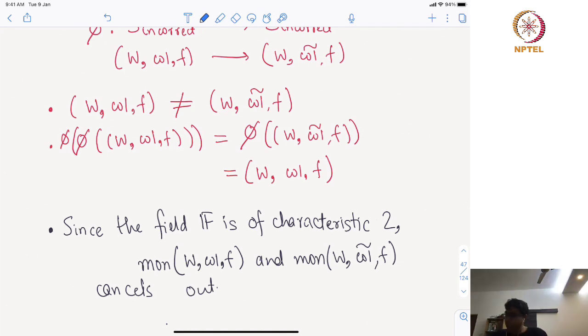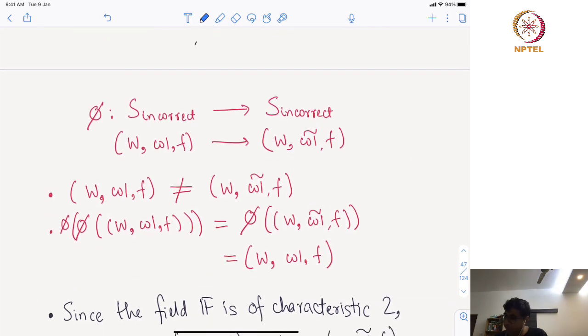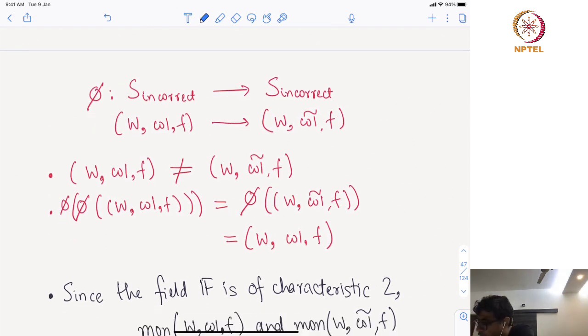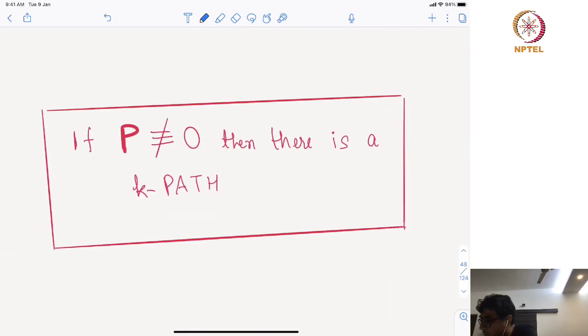So what have we been able to achieve? We have achieved the pairing function. Look at this: if they have incorrect colorful pairs, then we can pair them off, and over a field of characteristic 2 they will cancel out each other.